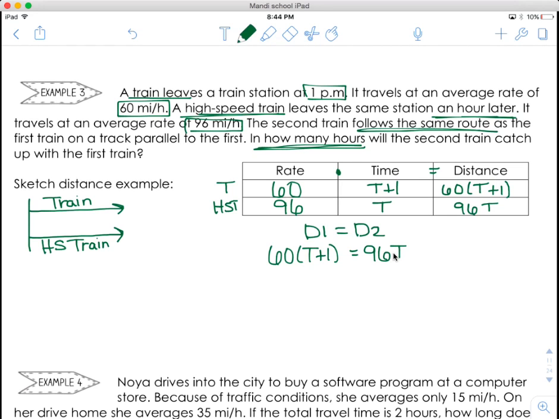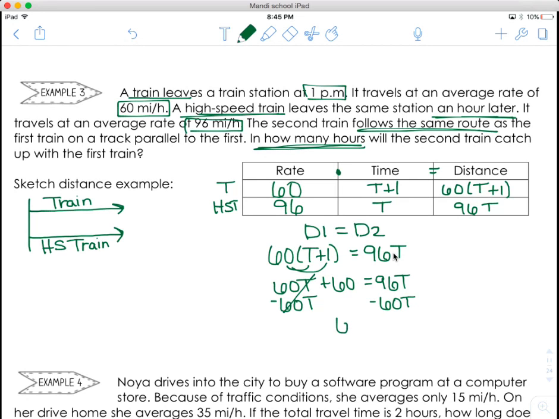Then we need to follow our order just like we would in solving equations. In this situation, we have a distributive property. So 60t plus 60 equals 96t. We don't have any like terms to combine. And I'm actually going to take my letters to the right this time. So I subtracted 60t from both sides.